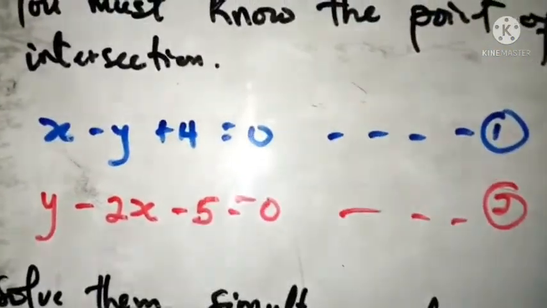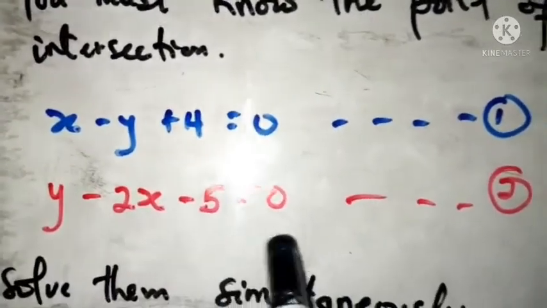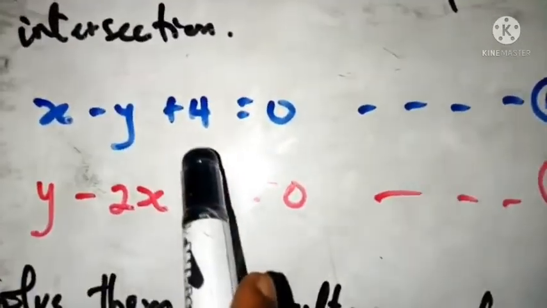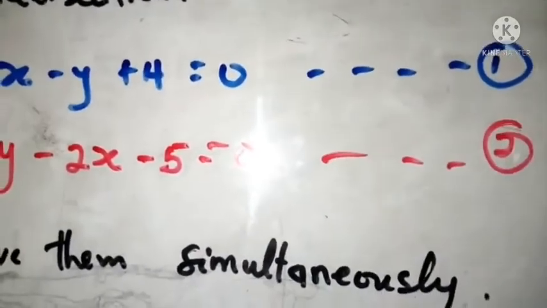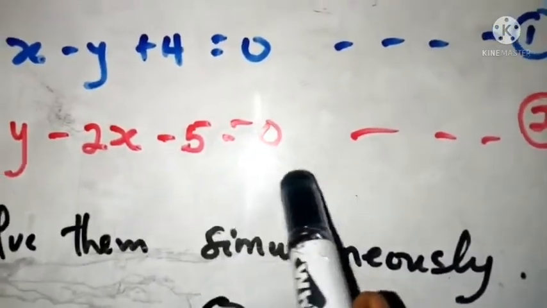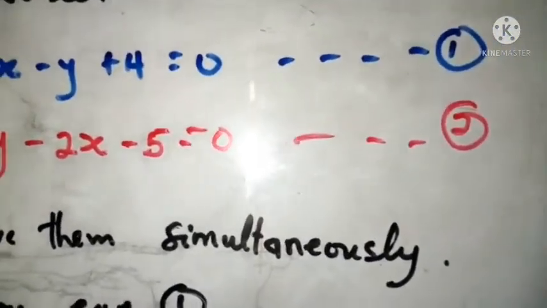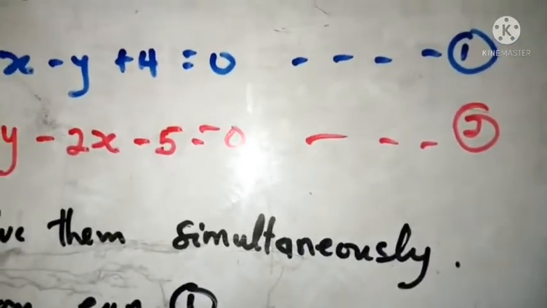From the question, you are given these two equations. This is one equation, and the second is x minus y plus 4 equals 0. Let's name that the first equation, or the first line, and the second one, y minus 2x minus 5 equals 0, the second line or equation. Now what do you know? They say you should find the equation of the new line.